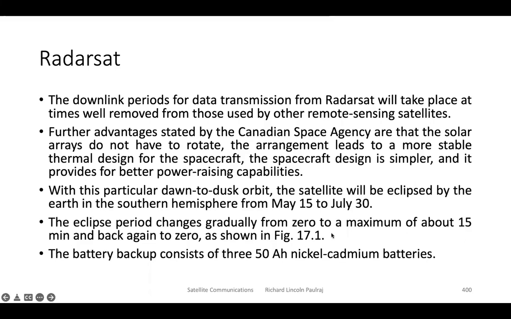So 15 minutes is actually not such a big deal, and these batteries are made sure that they cover for about 80 to 90 minutes, and once it gets back the sun's rays, the batteries automatically charge and they are back on solar power. The battery backup consists of 50 ampere nickel cadmium batteries. There's a lot of R&D that happens in the field of batteries: lithium ion, lithium polymer, nickel cadmium.